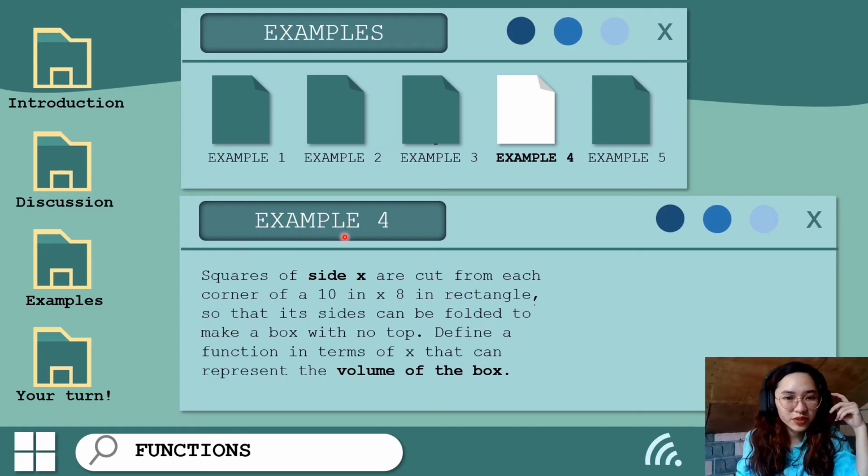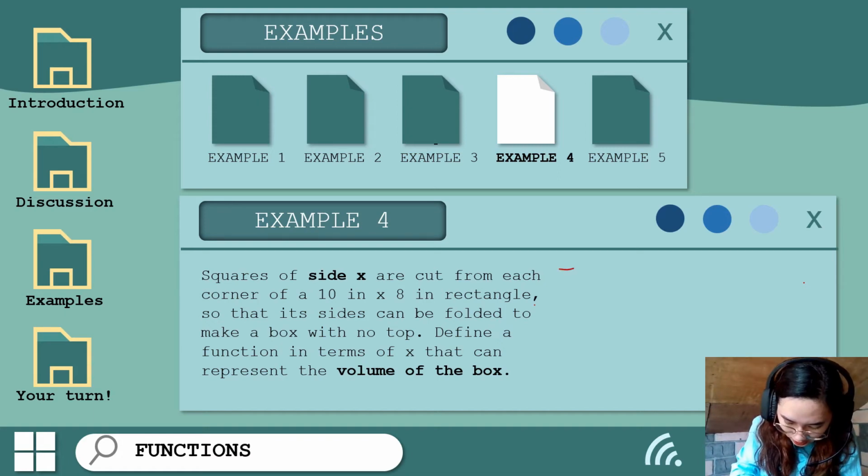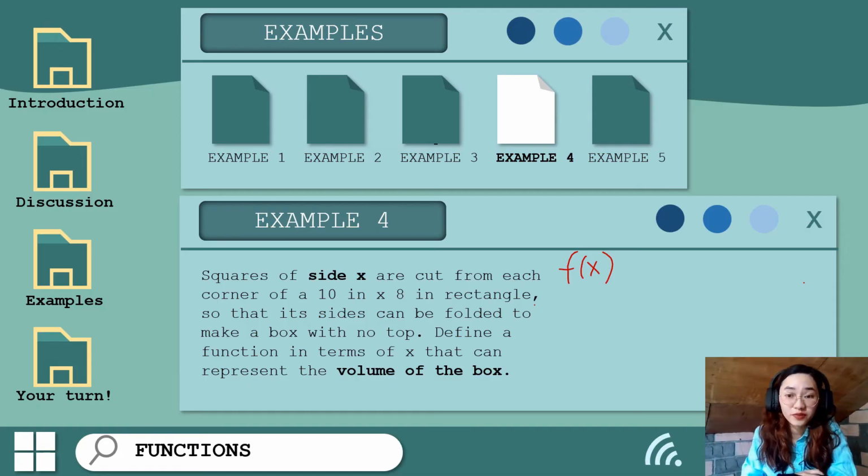Example number 4. Squares of side x are cut from each corner of a 10 inches by 8 inches rectangle so that its sides can be folded to make a box without top. Let's define a function in terms of x that can represent the volume of the box.